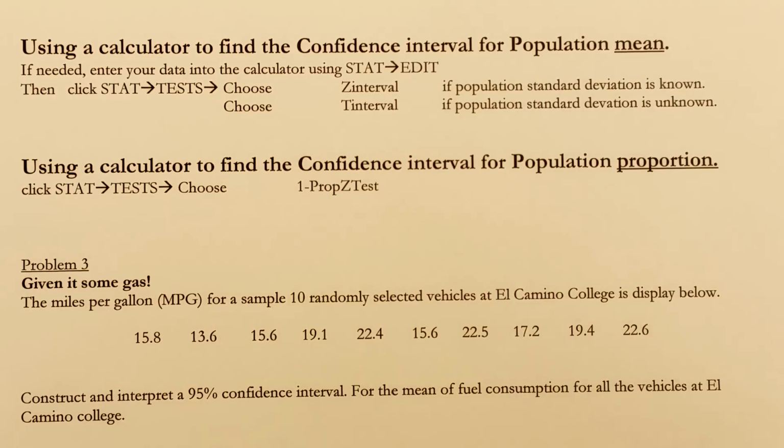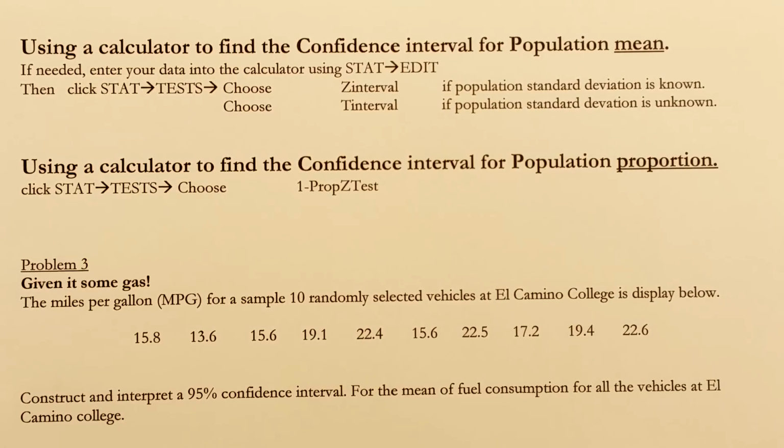Okay, so let's say that we want to measure the average miles per gallon for all cars at El Camino College. So what we did is we took 10 cars randomly and we determined their miles per gallon.